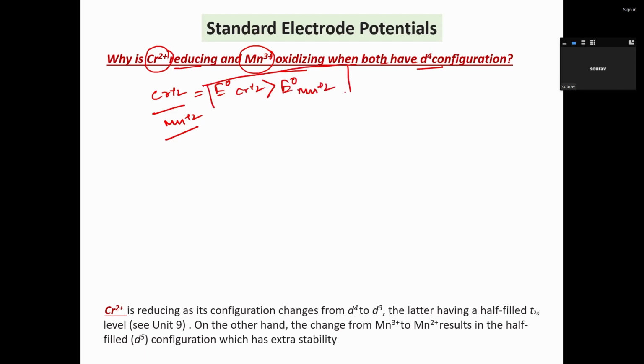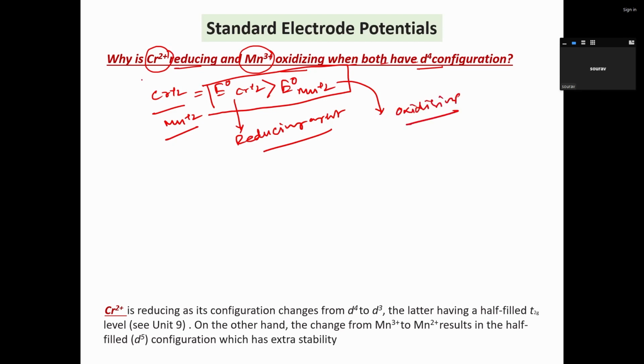So when the reduction potential value is higher in the same oxidation state, then it will act as the reducing agent. And here the manganese acts as the oxidizing agent. That's why it is written here that chromium plus 2 is reducing, because it is a reducing agent, but Mn plus 3 is oxidizing. Why? Because both have the d4 electronic configuration.